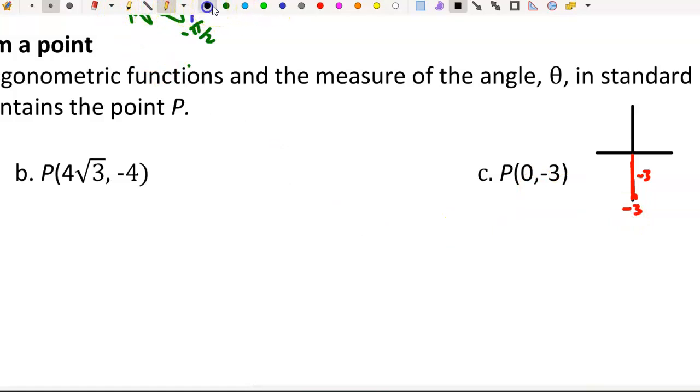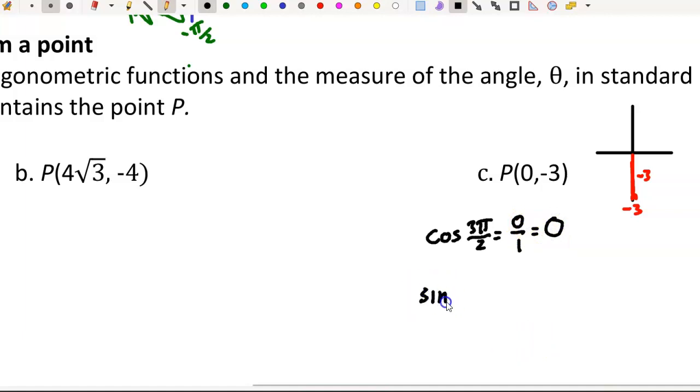Let's write that out. So we have cosine of 3 pi over 2. It's going to be 0 over 1, so we have 0.